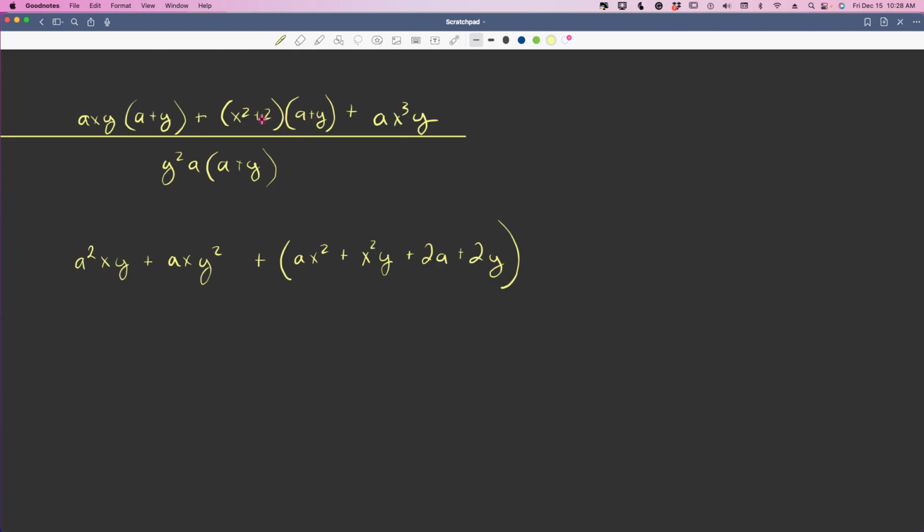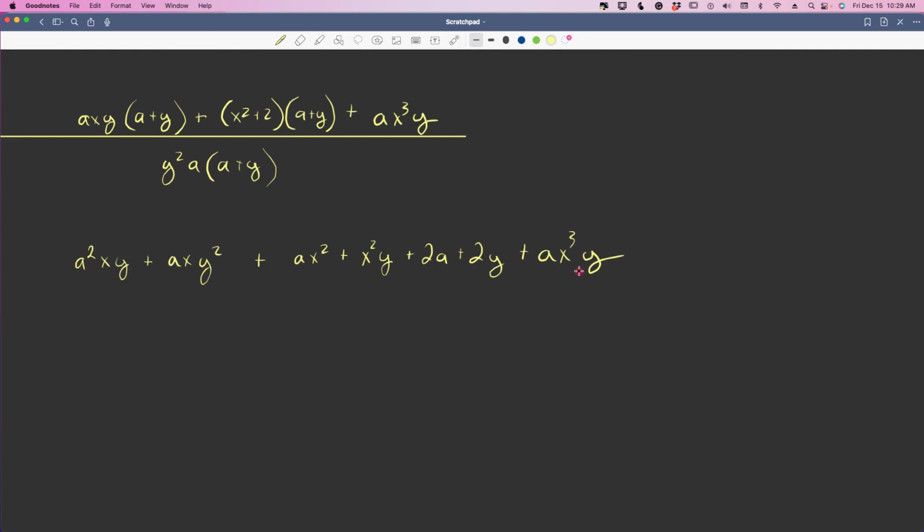And that's from this bit right here. And since there's no negatives, I can just go ahead and get rid of these parentheses because it's not going to change anything because they're all positive. All right, and then we just have that final term, ax cubed y. So you have all of these terms, and I don't see any that we can combine. I don't see any at all that are alike.